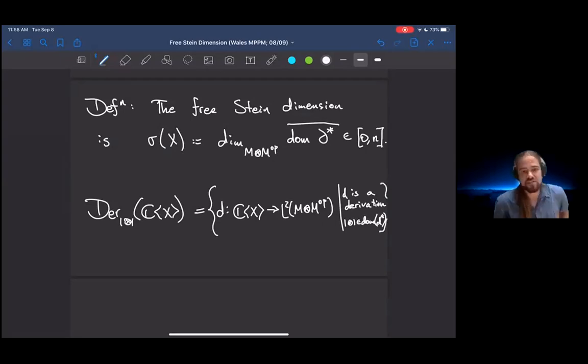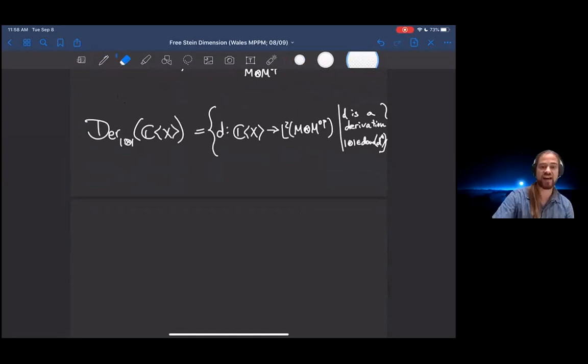Okay. So on the one hand, this set of nice derivations does not depend on the generators x of the polynomial algebra, because it's merely defined as maps on the polynomial algebra. And if you picked a different set of generators, you would have the same set of valid derivations.